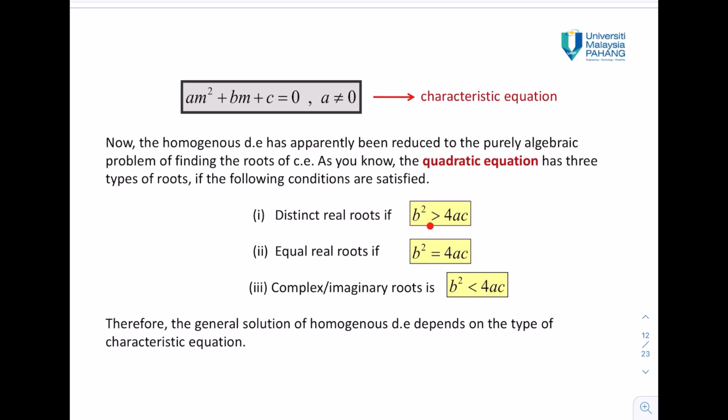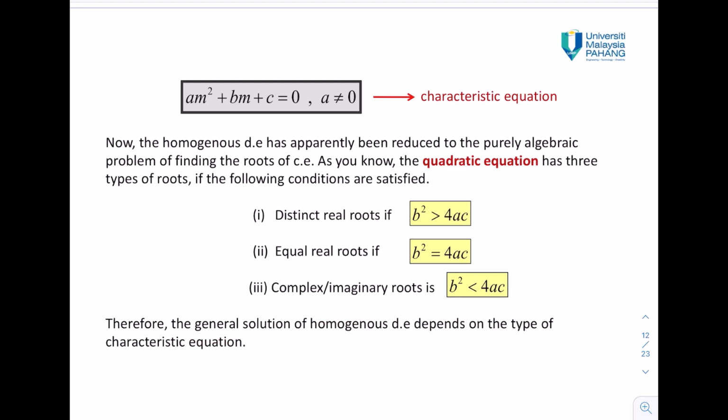If it is greater than 4 times a times c, it will have distinct real roots. But if b squared equals 4ac, the roots will be equal. But if b squared is less than 4ac, we will have complex or imaginary roots. Therefore, the general solution of the homogeneous differential equation depends on the type of roots of the characteristic equation.